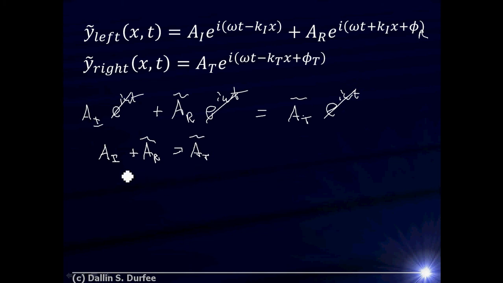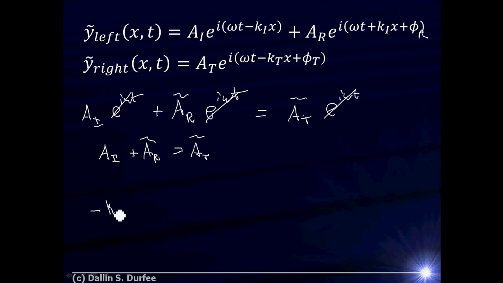All right? Now I have to set the derivatives equal to each other at x equals 0. When I take the derivative with respect to x, what comes down? I take the derivative of my exponential, the exponential remains unchanged, but I take the derivative of what's inside, and here I'm going to bring down a minus i k_i.